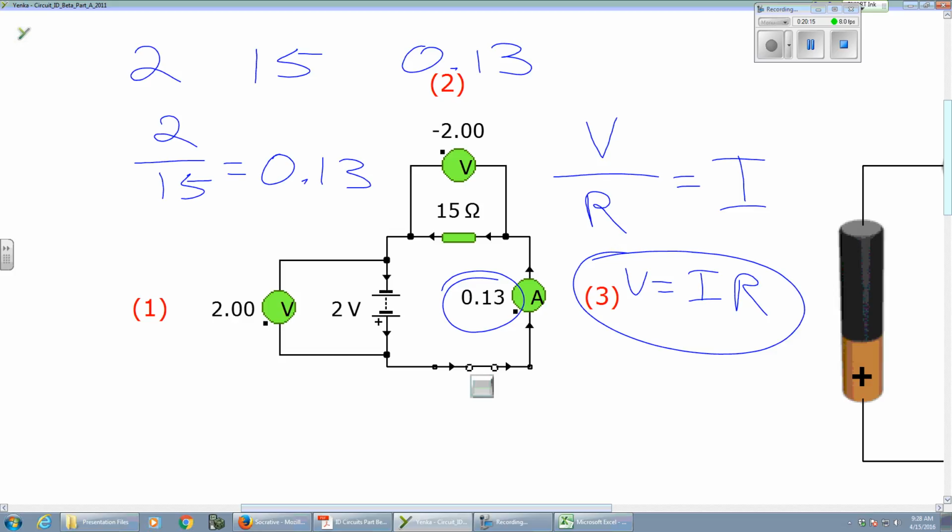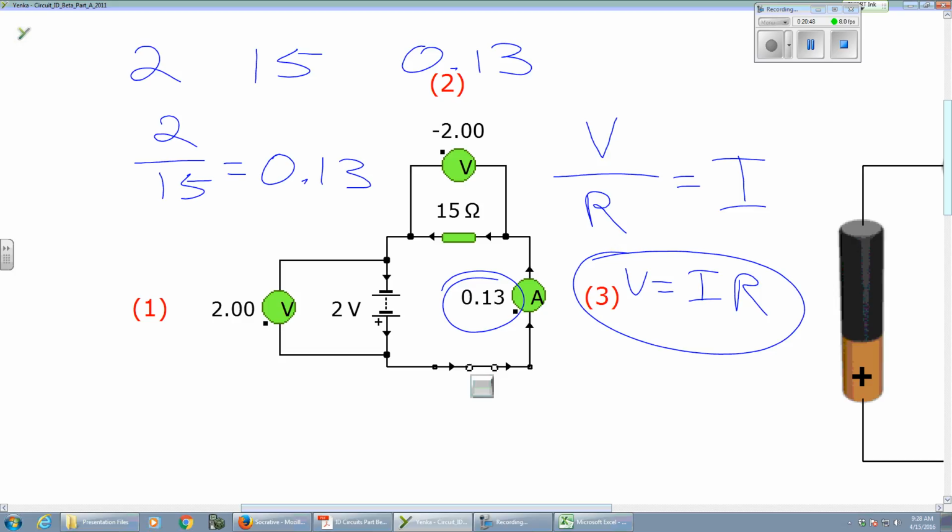So this is the relationship you guys explored and discovered last week and played with, that the voltage across something equals the current through it multiplied by the resistance. So how much energy something loses going through an object, like the 15 ohm resistor, is based on the rate the charges move through it, the current, and the resistance to that motion.